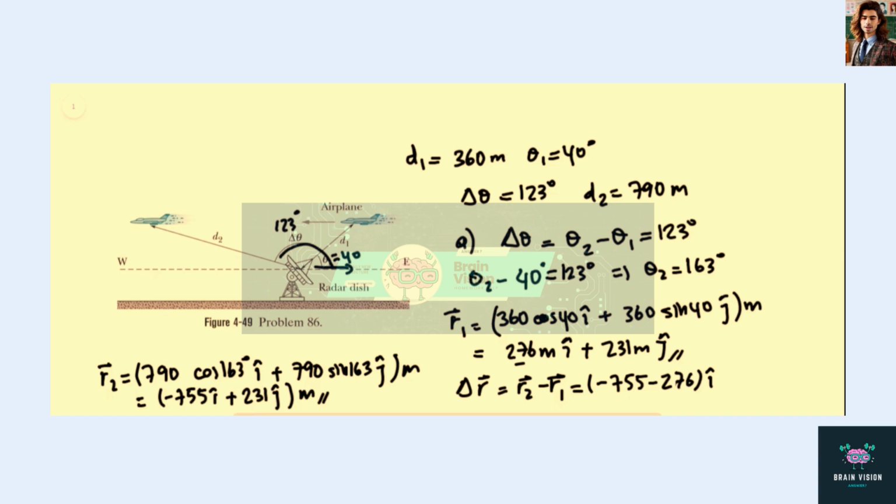So then we have negative 1,031 meters in the i hat direction. The j hats are going to cancel each other out. So then the magnitude of delta R is 1031 meters. This is the answer to part A. Let me put the answer to part B here. The direction is negative i hat, which means it's westward.